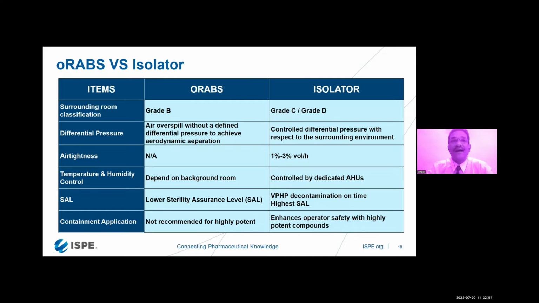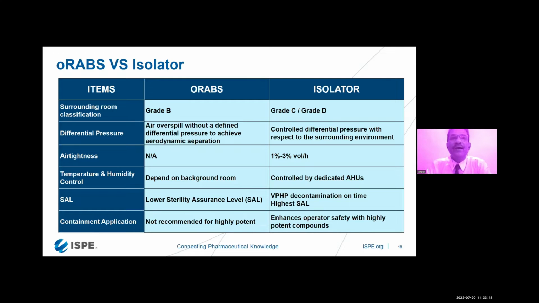Against that, when you look at an isolator, the isolator can be leak tested. It is VPHP sterilized. So when we have a machine with an isolator, you can have a background area of ISO 7 or ISO 8. It's a big advantage.